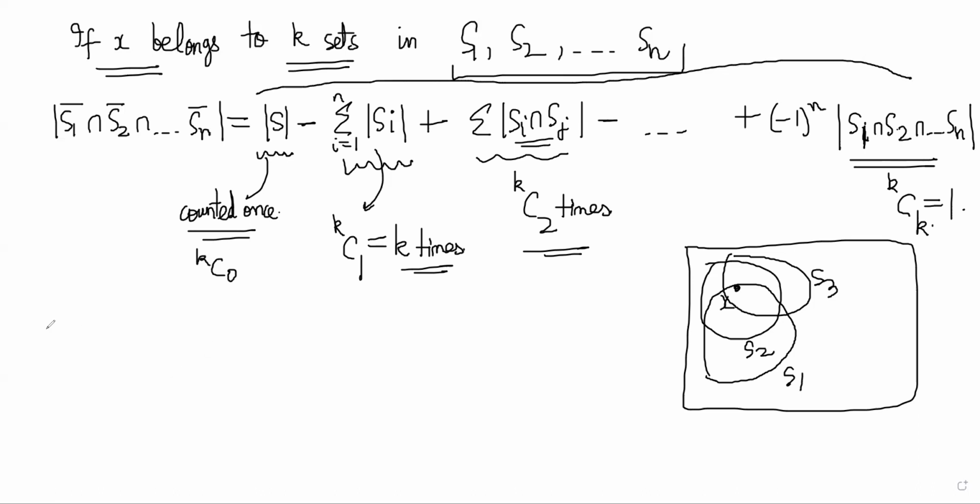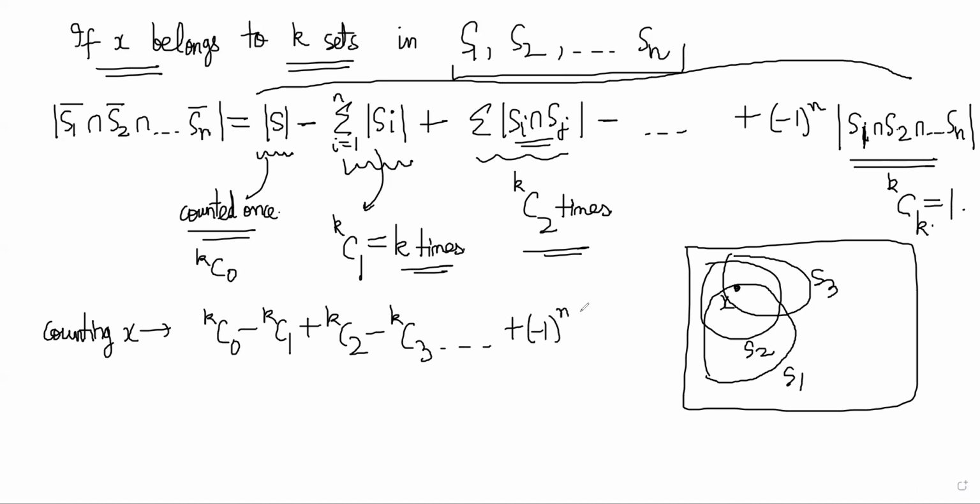You are actually counting X KC0 minus KC1 plus KC2 minus KC3 till minus 1 power k KCK times, which is actually equal to 0 by binomial theorem.